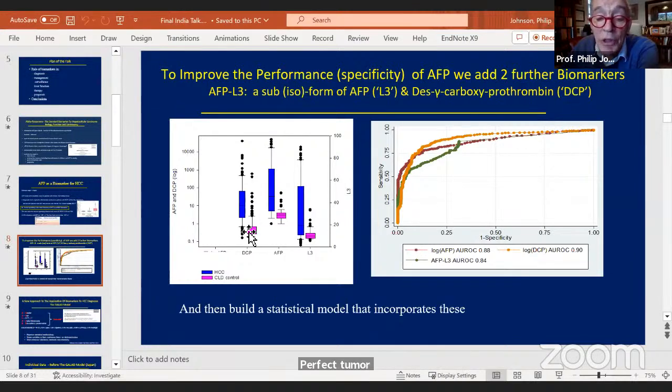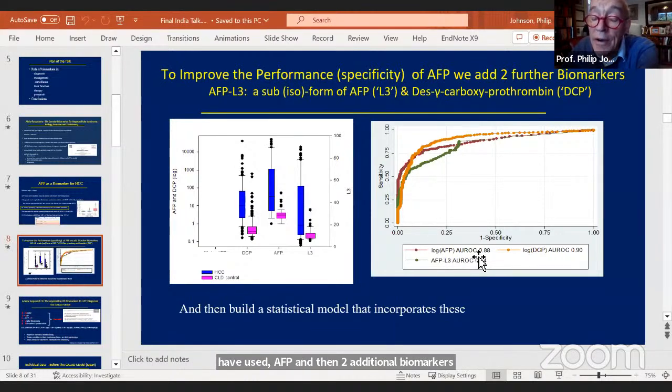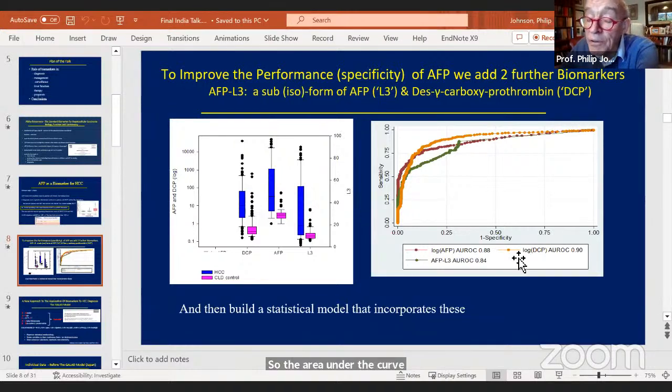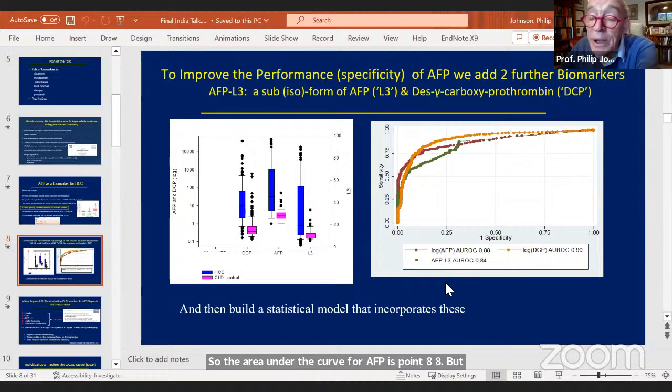This shows the three biomarkers that we have used, AFP and then two additional biomarkers. So the area under the curve for AFP is 0.88, for DCP is 0.9, and for L3 is 0.84.